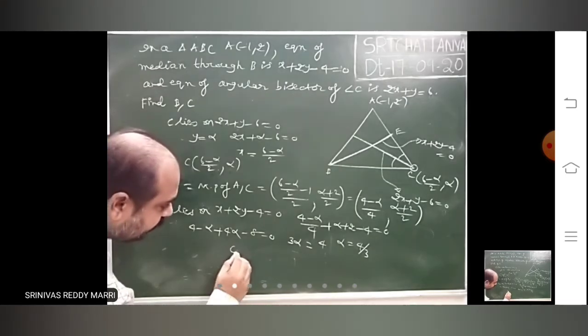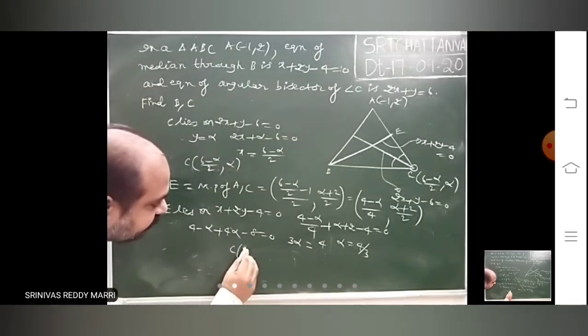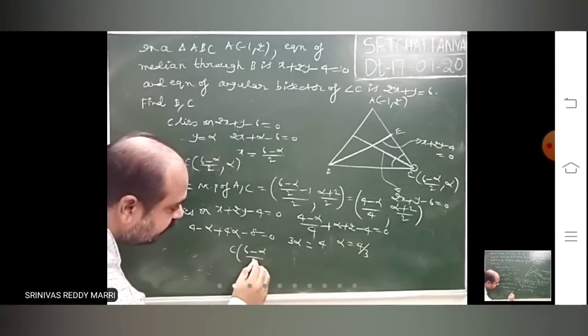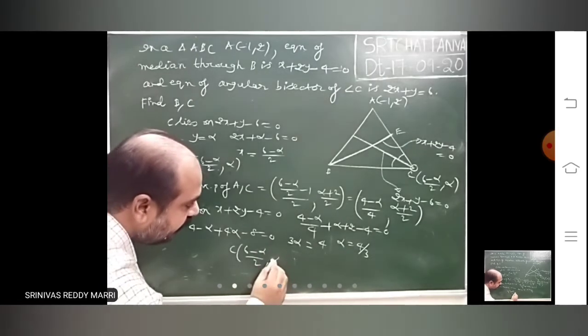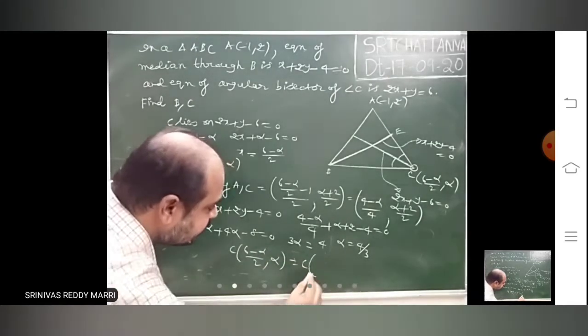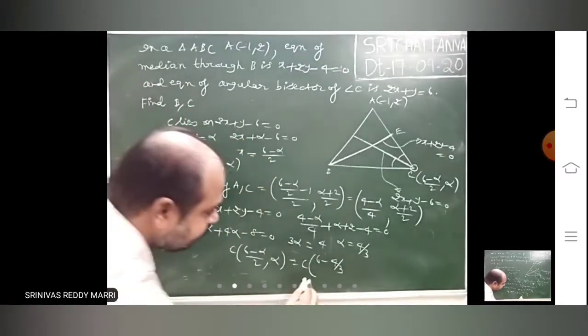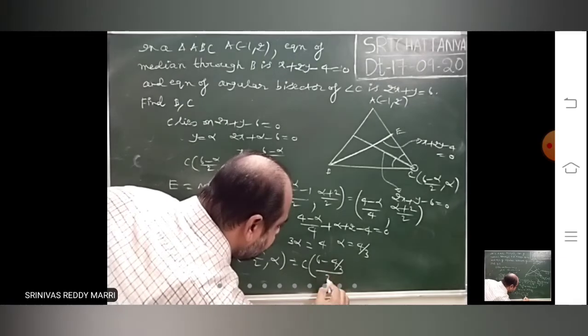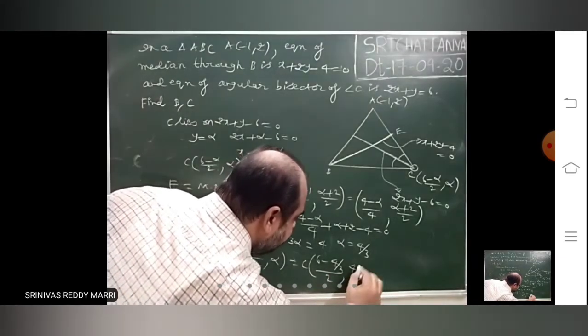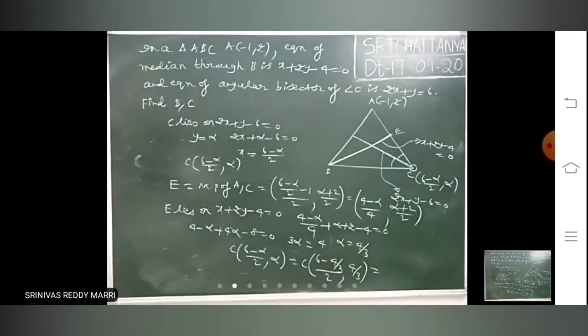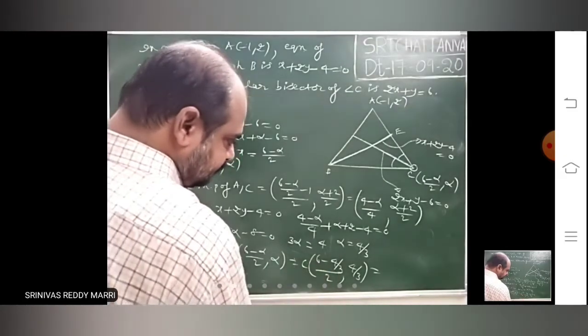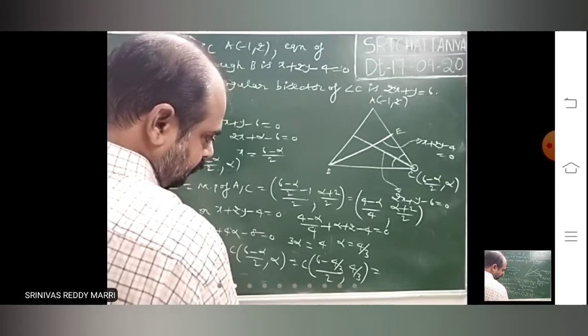Therefore, C point is nothing but (6 minus alpha by 2, alpha). That means C is nothing but (6 minus 4 by 3) divided by 2 comma 4 by 3. So that means this is 18.